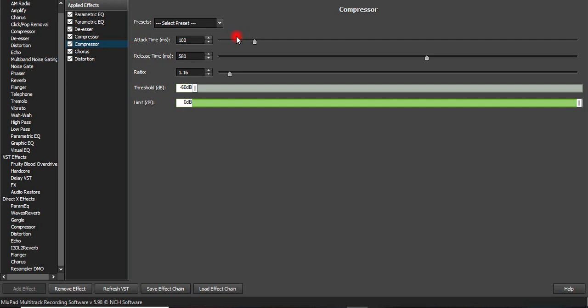Most of the famous or popular producers and mixing engineers usually plan their release time. For this kind of Lil Durk music, I also noticed that the release time is around 500 to 800 milliseconds.